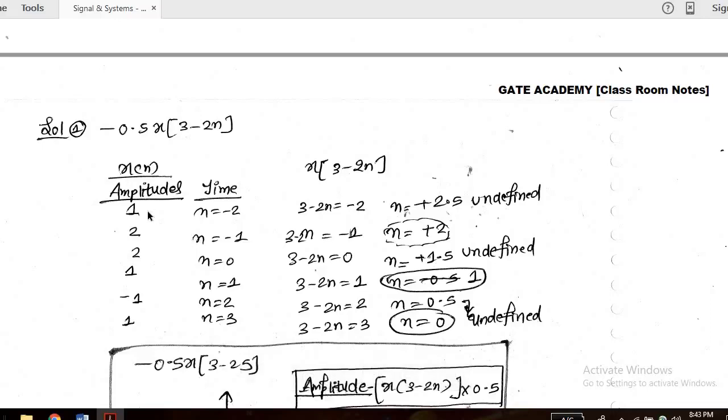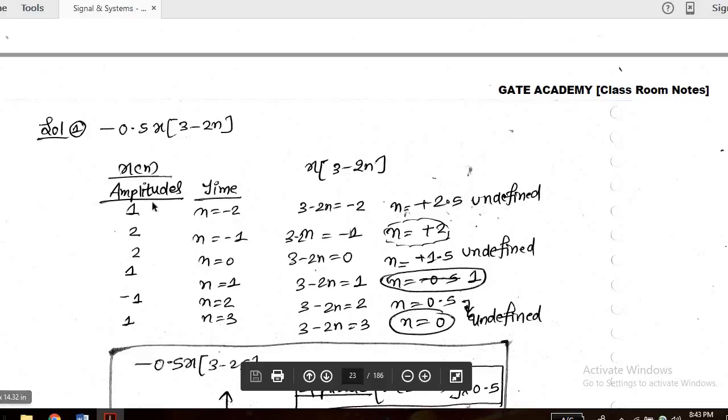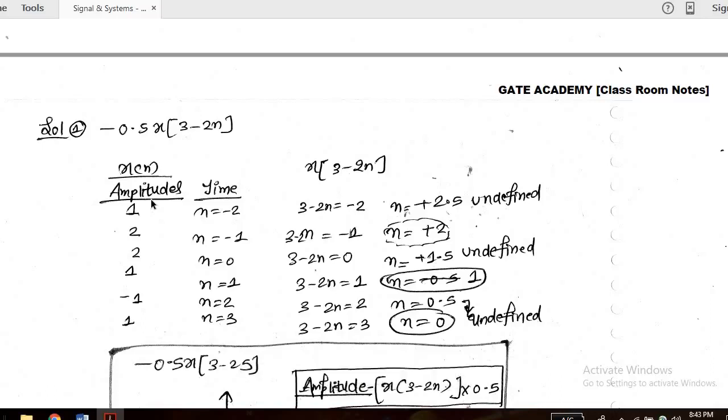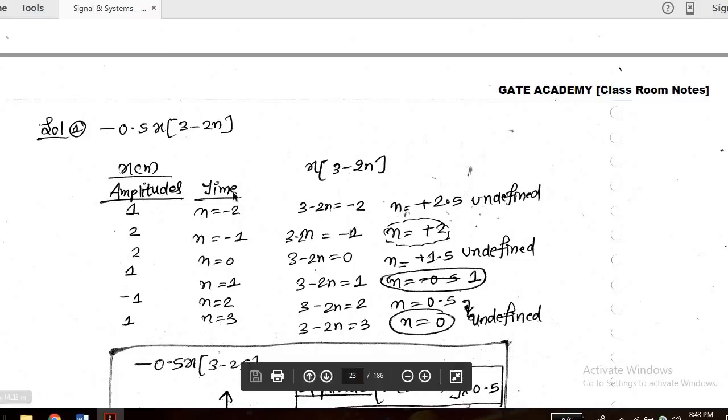Earlier, 4 by 3 t was there in the amplitude column, and we replaced t by the new value in the amplitude column. But here none of the sample amplitude values are dependent on the time index n. Only the time indices are dependent on n. So replace n in the time column by 3 minus 2n. So 3 minus 2n equal to minus 2 means n is plus 2.5.